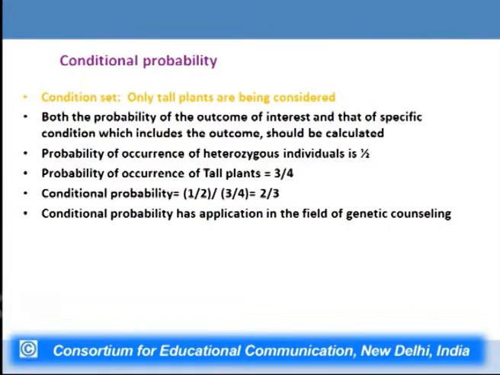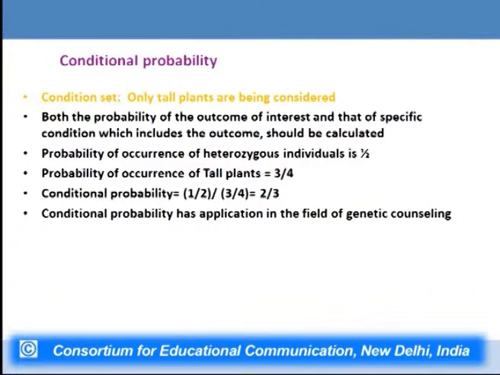So, we are setting a condition to this particular event, and the condition which is set is that only tall plants are being considered. Both the probability of the outcome of interest and that of the specific condition which includes the outcome should be calculated for finding out conditional probability in this particular event.